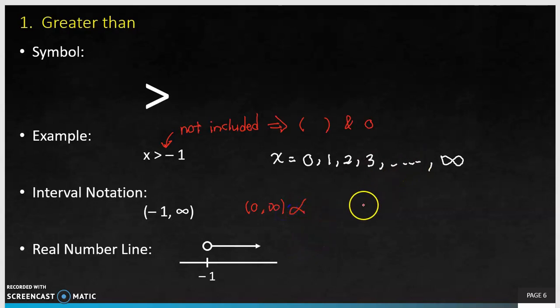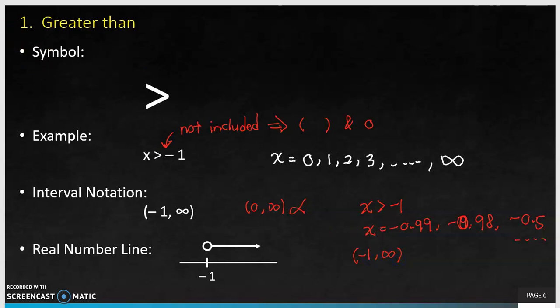Because if x is greater than -1, x can be -0.99 or -0.98, and let's say -0.5, and so on. So we still need to start from -1 until infinity.